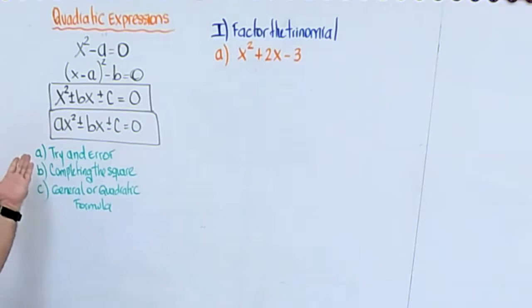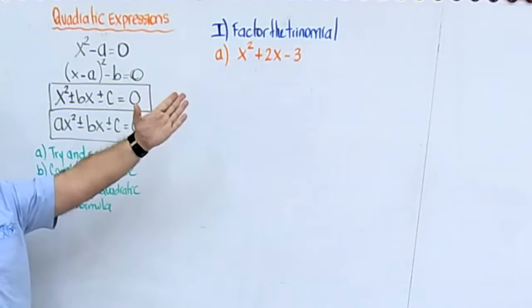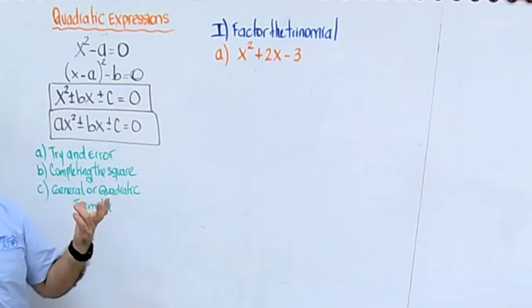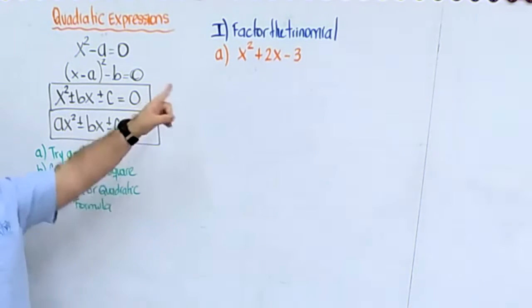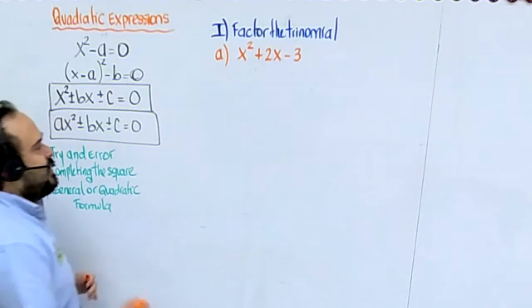But what will be the process? Okay, simple. The process, my dear students, in this case number 1, with the leading coefficient, the number next to x squared, being 1. What are we going to do? The first step, we're going to split the letter x into two parts inside parentheses.